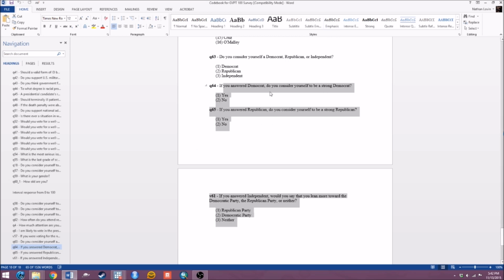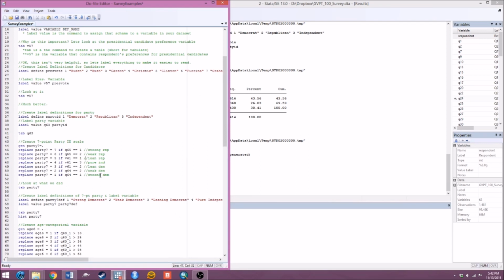So we can order people in a way. We'd have strong Democrat, weak Democrat, leaning Democrat, independent, leaning Republican, weak Republican, strong Republican, right? And that's what this variable does here. If I start by coding my strong Republicans first, I'm going to make them 7.